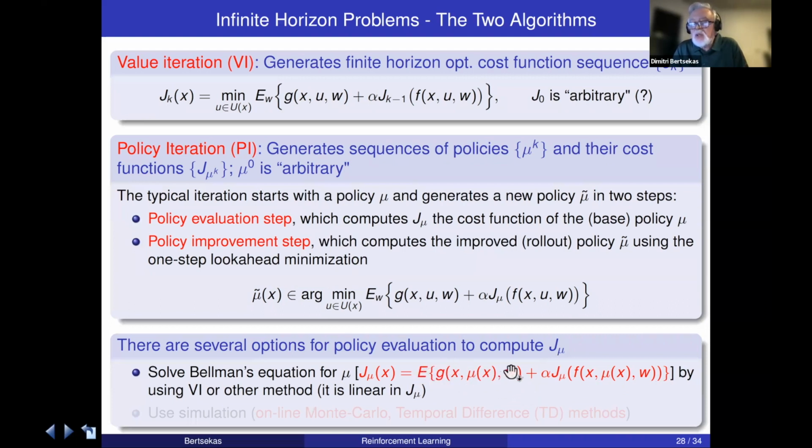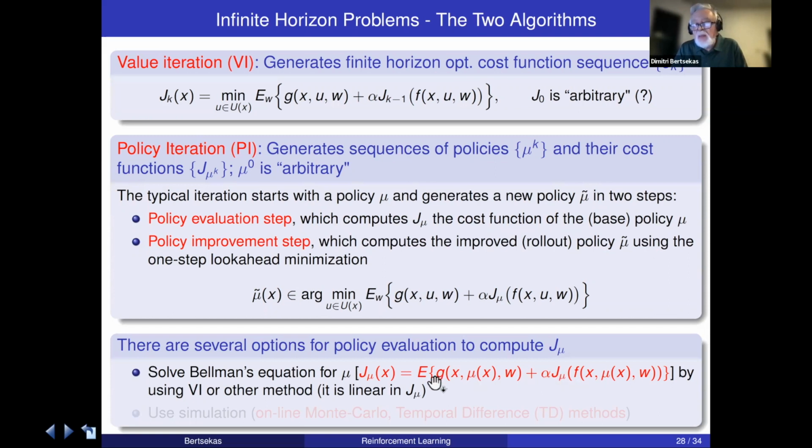So this is a constant component. This is linear in J mu. So the right-hand side is linear in J mu. So we have a system of linear equations with an equal number of unknowns. For the case of n states, this is a system of n linear equations with n unknowns that you can solve with Gaussian elimination or any method that MATLAB gives you for solving linear equations.